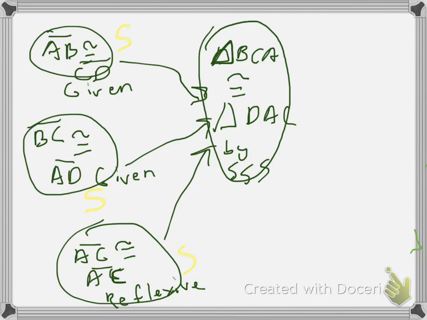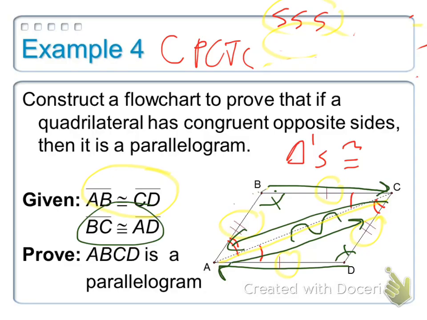So, I still want green. So I know I got to name that angle. This is angle C here, but it's BCA is congruent to angle DAC.